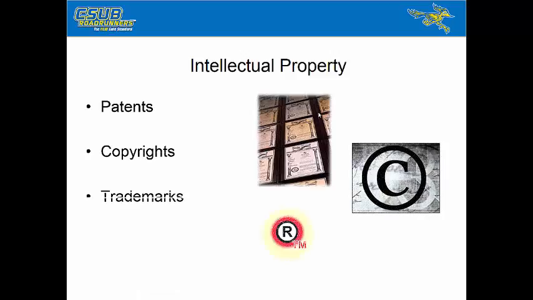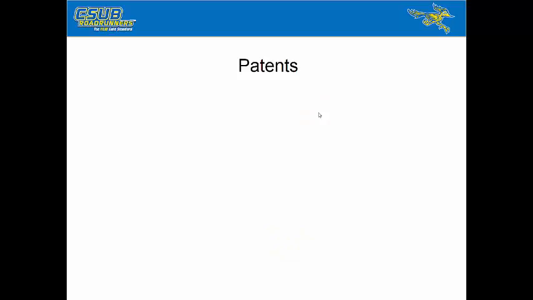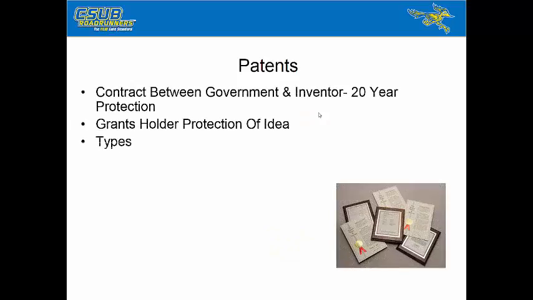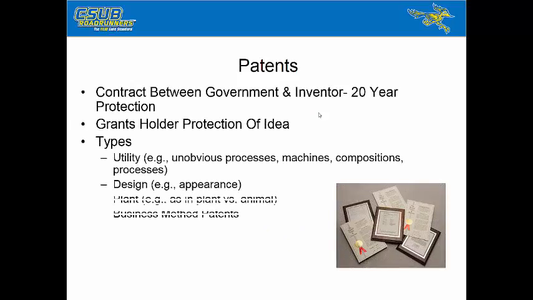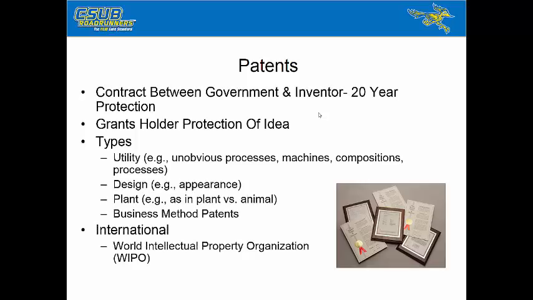So we had a guest speaker a while back talk about patents, copyrights, and trademarks. I'm going to skip through this pretty quickly, but just as a recap for you guys about patents, copyrights, and trademarks, what you need to know about them in the context of this class, in the context of writing up a business plan.